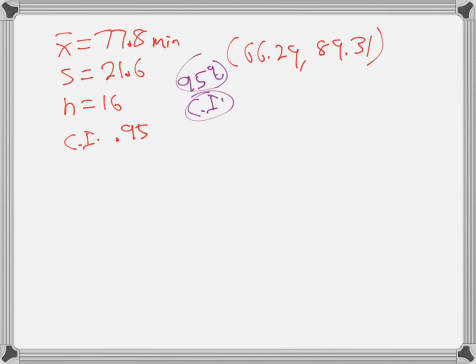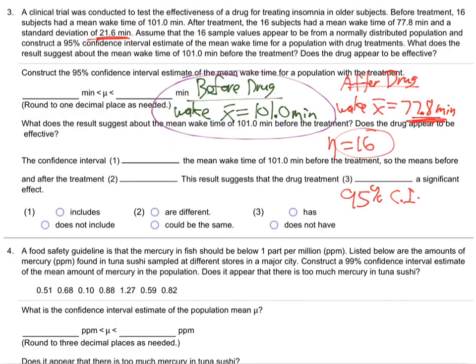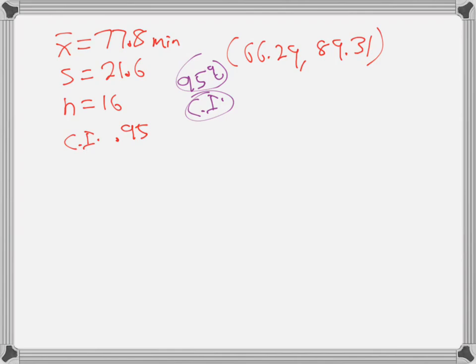Well, let's start off with what this really means. That's the range of 95%. Yeah, we are 95% sure, confident. We are 95% confident about what? That the real effect of this drug on people who take it, who have insomnia like those other people did, right? Remember, these people had 101 minutes of insomnia on average.